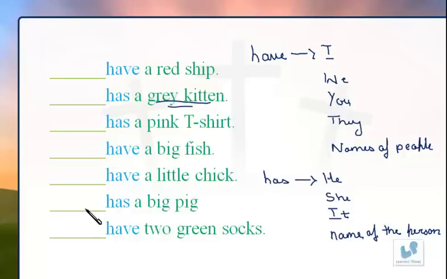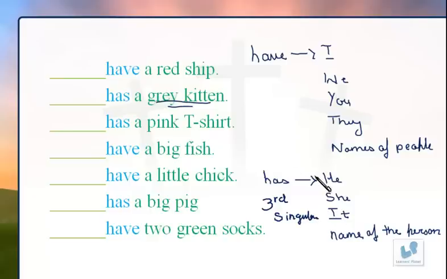Now let us see the next fill in the blank. Dash has a pink t-shirt. Now we have discussed that with what all persons we can use has. Only with third person singular.